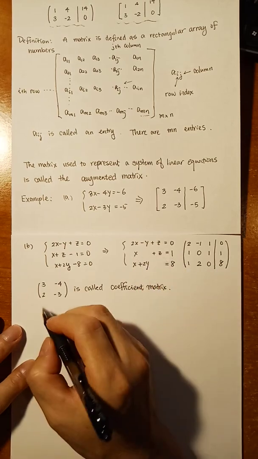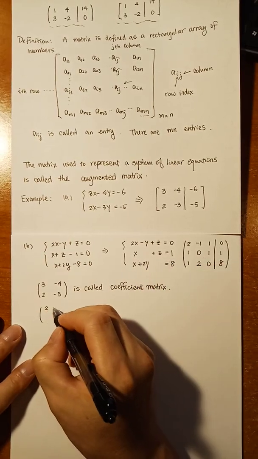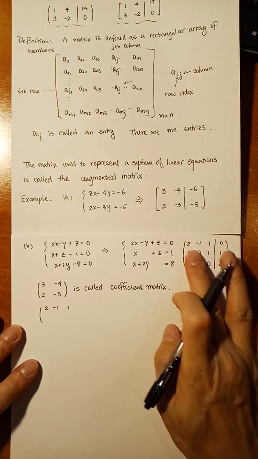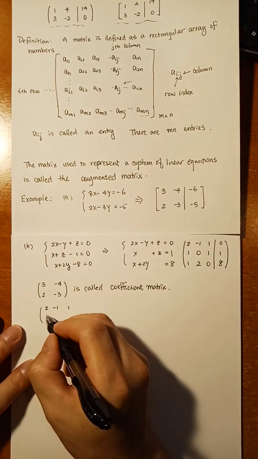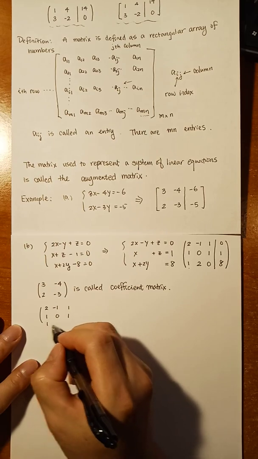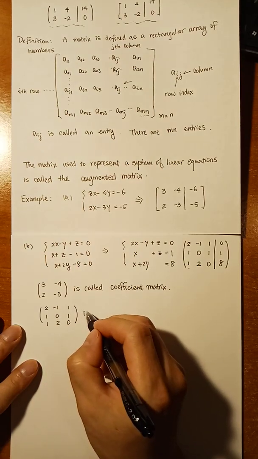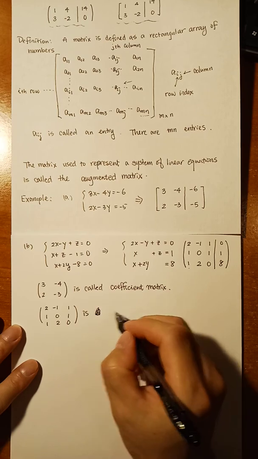And this one, so 2, negative 1, 1. I just copied this part, the part on the left-hand side of this vertical segment. 1, 0, 1, 1, 2, 0. This is also the coefficient matrix.